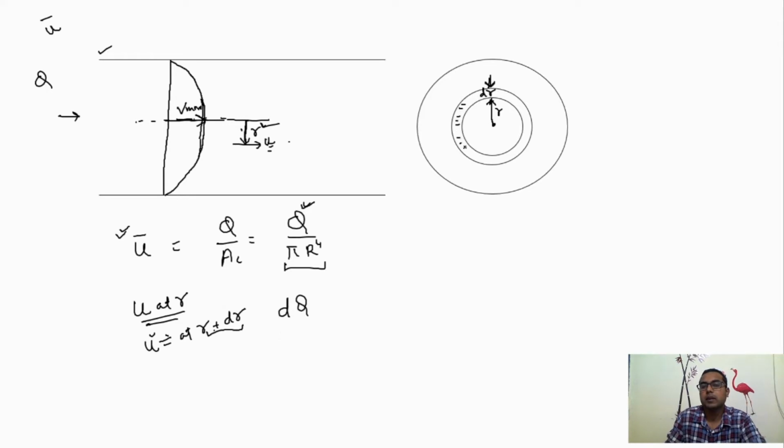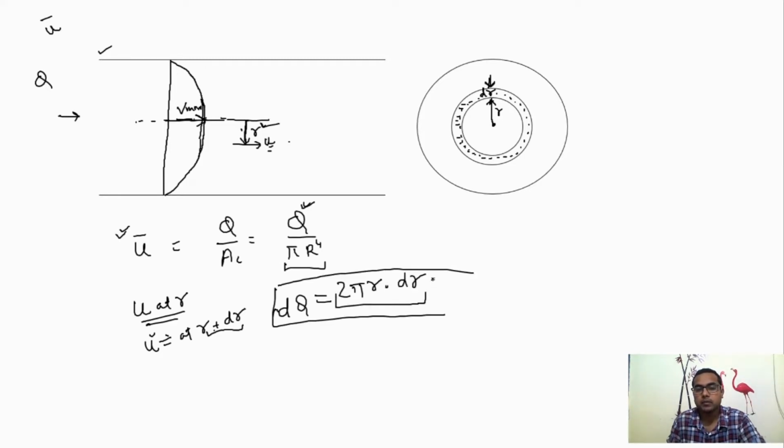This is the elementary ring. So for this area, what is the discharge? 2 pi r into dr is the area, multiplied by the local velocity u. So this would be the discharge from that elementary area.